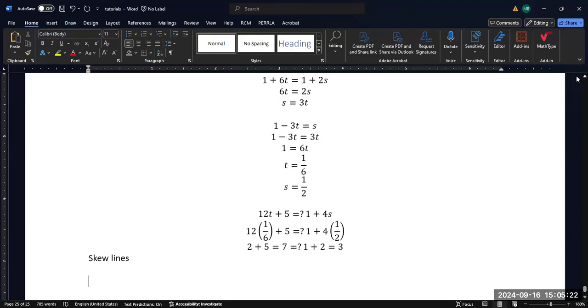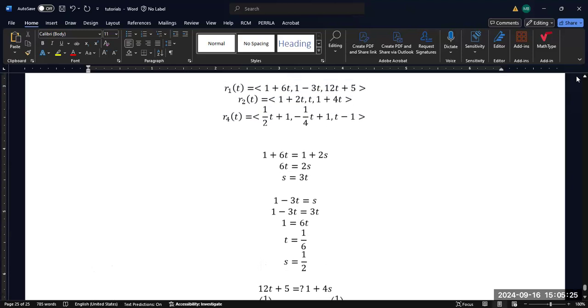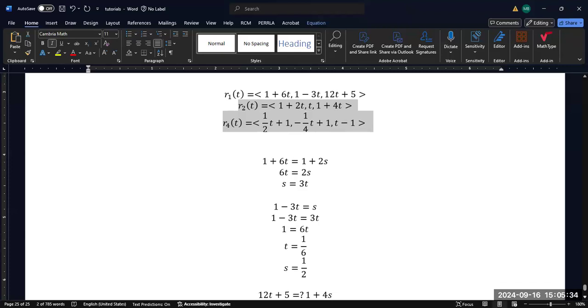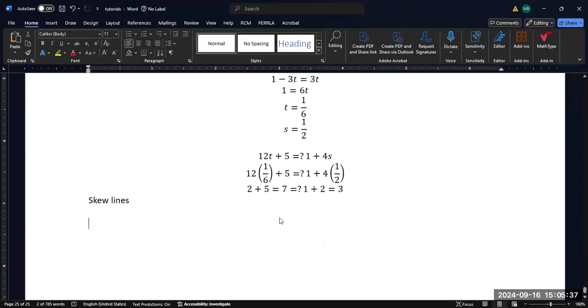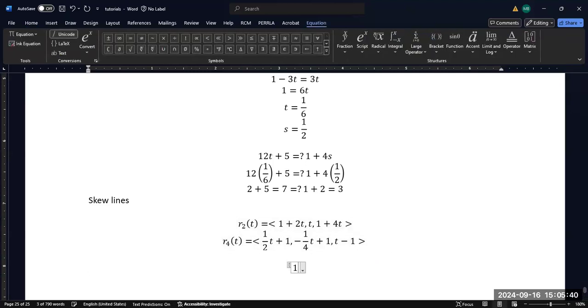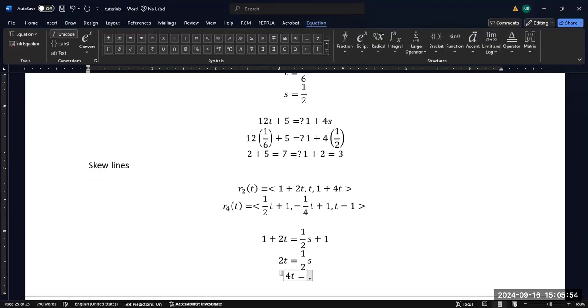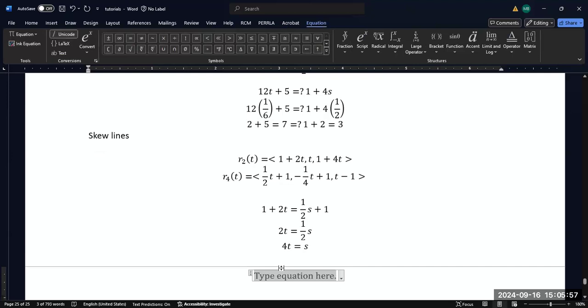Now let's see if we can get intersections between R2 and R4. Again, we're going to go back through the same process, but we're going to do this with the other two sets of equations. So 1 plus 2t is equal to 1/2 s plus 1. The ones are going to cancel. I'm going to get 2t is equal to 1/2 s, and therefore 4t is equal to s. And then I'm going to do this for the second component. t is equal to -1/4 s plus 1.